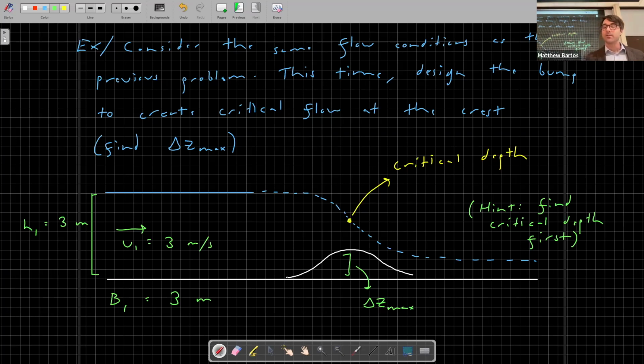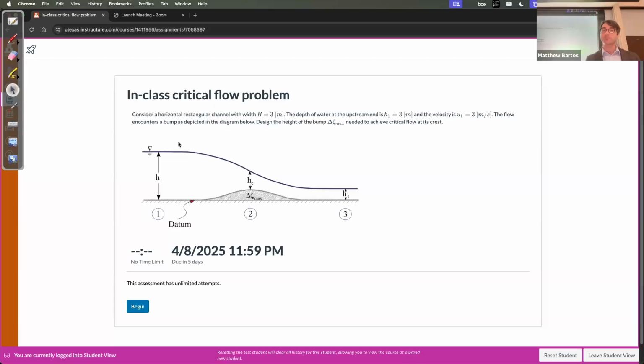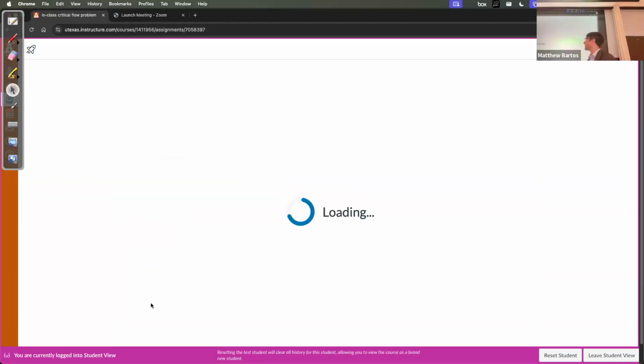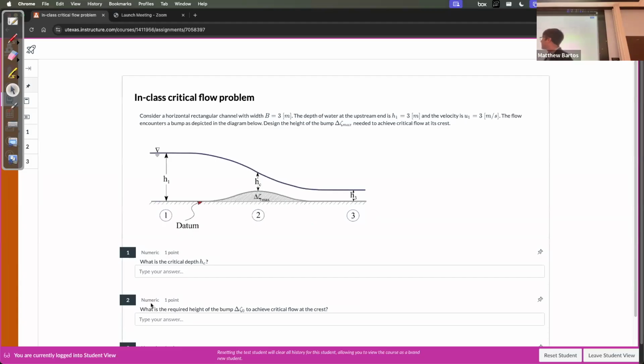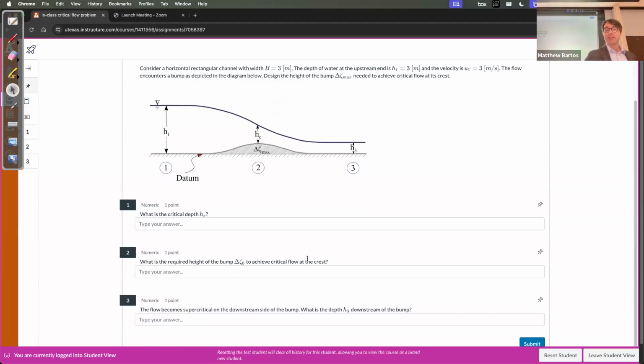All right, so I'm going to give you the next 15 to 20 minutes to work on this in small groups. I have a Canvas problem posted, under quizzes, in-class critical flow problem. It has all of the information for the problem. So you'll need to find the critical depth, the required height of the bump to achieve critical flow, and then also the flow depth at the downstream end.